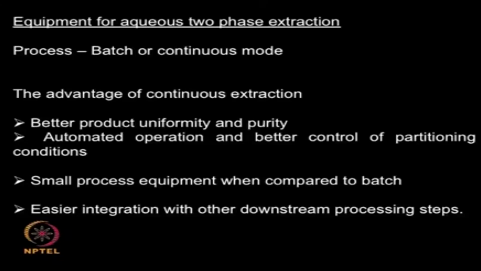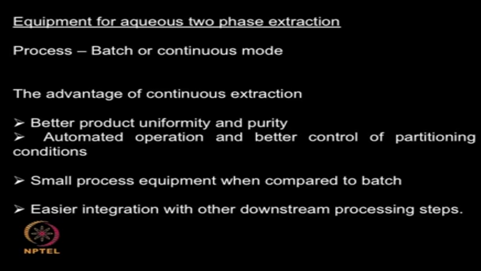So, what type of equipment do you use in aqueous two phase extraction? We can use batch, we can use continuous, just like we do with solvent based systems. Continuous has a lot of advantages compared to batch, but the advantage of batch is that you just use a very simple tank, mix the two systems, let the two phases separate, and then separate them through gravity, whereas a continuous system needs many equipments, many controls and so on.